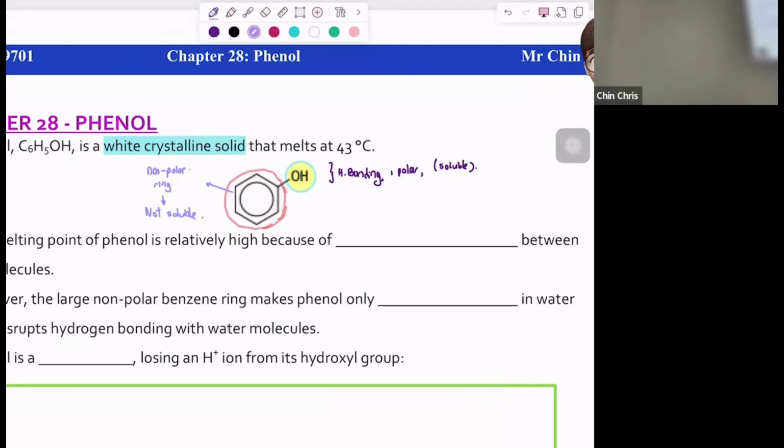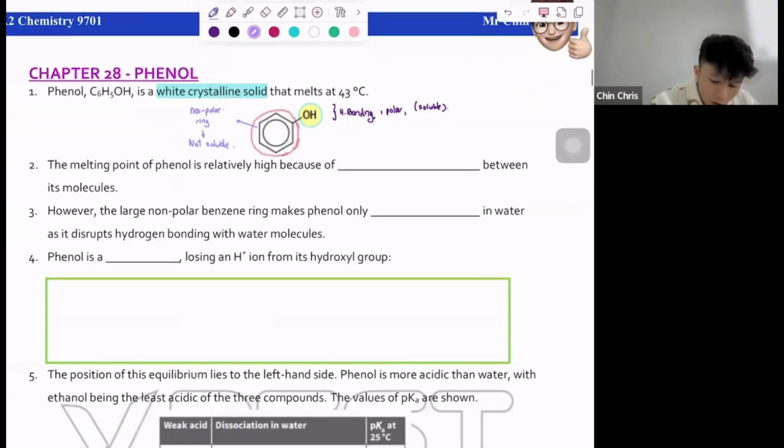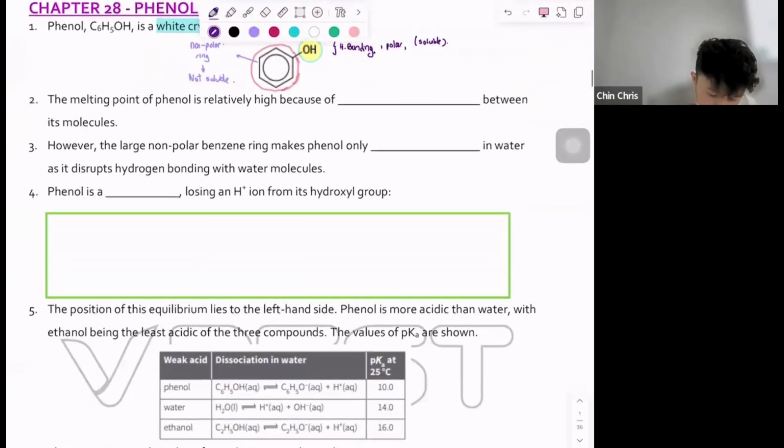So one reason is because you have a non-polar benzene ring here and a hydrogen bonding group which is soluble. Okay, next, the melting point of phenol is relatively high. Why? Because of the presence of hydrogen bonding between its molecules, which is why the melting point is relatively higher.